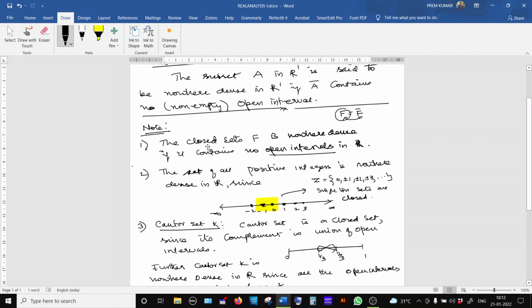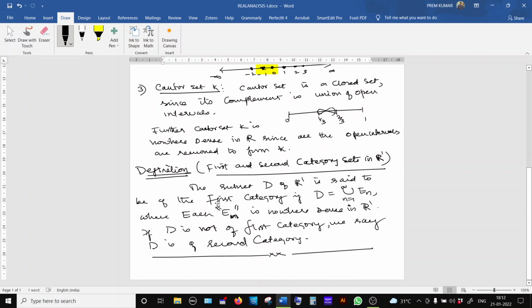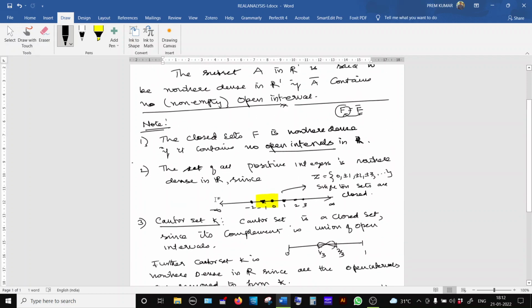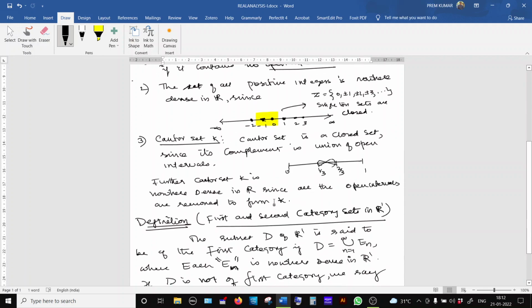So what are the simple results we have considered? The set of all positive integers is nowhere dense, the Cantor set K is nowhere dense, and it is closed, as well as the set of all integers is also a closed set, because all the limit points of the integers are inside the set of integers.